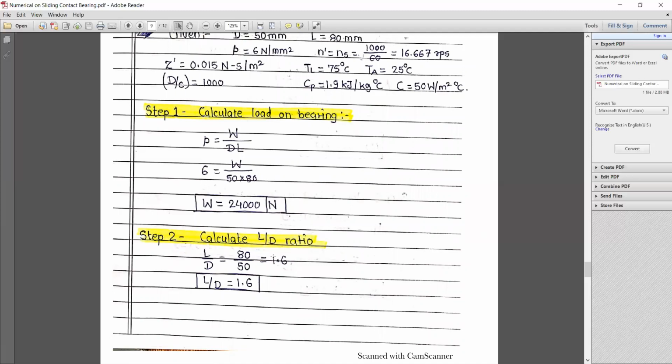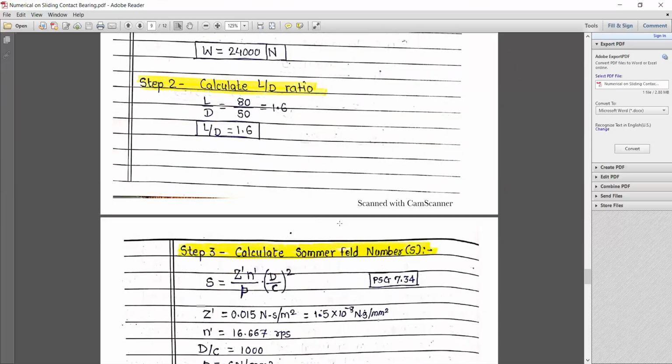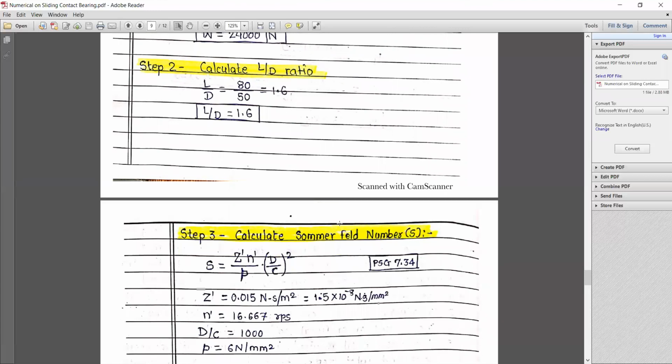Putting all the values of bearing pressure, diameter and length, we get a load equal to 24 kilonewton. Now next, calculate the L by D ratio. L by D ratio is equal to 1.6. Now here, if you refer to the PSG, what we get?